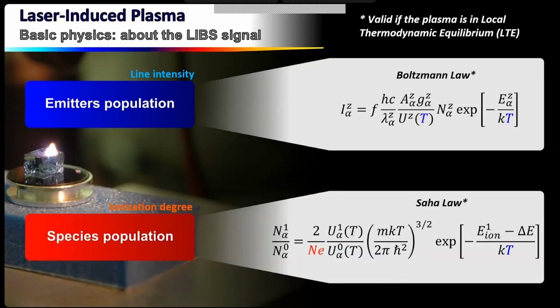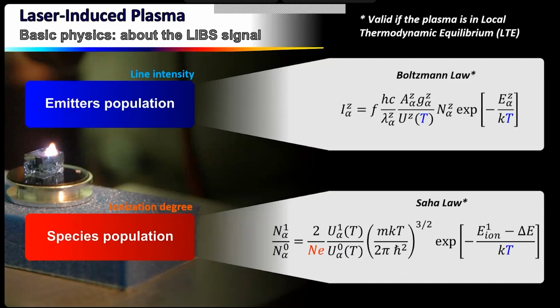And the second law is the Saha law that will give you the proportion between atoms and ions, basically. So you just apply this formula and you will have the proportion of ions with regard to atoms.